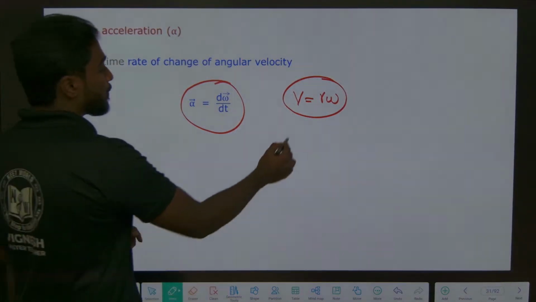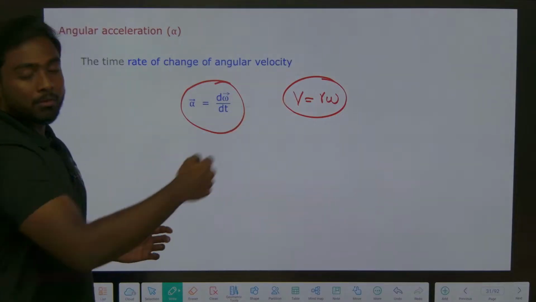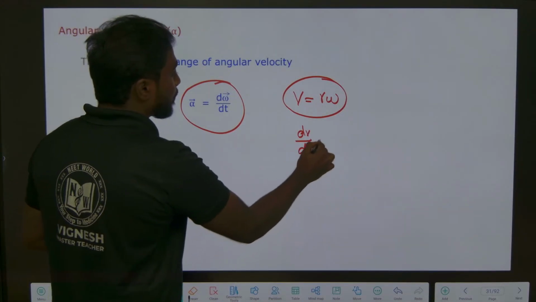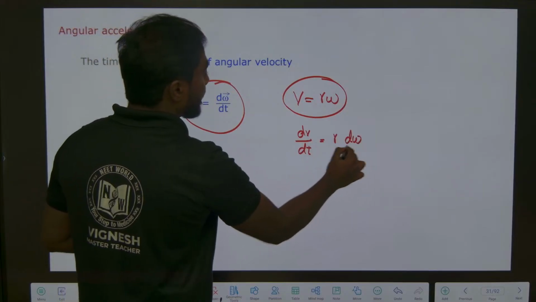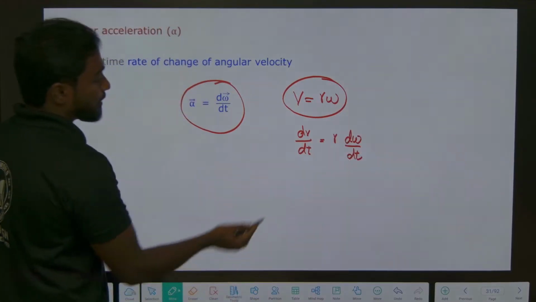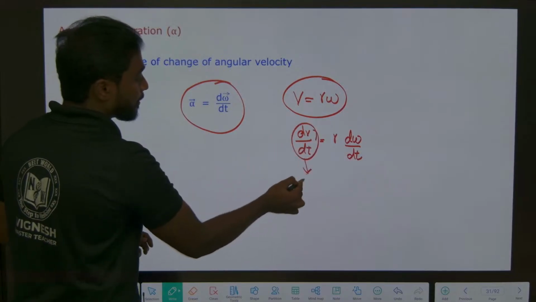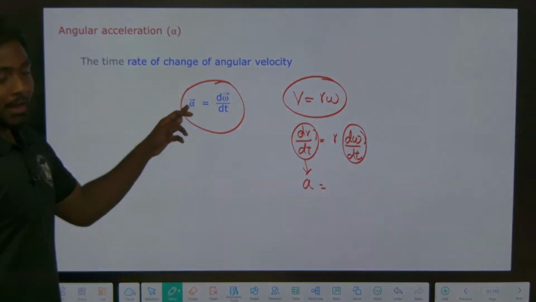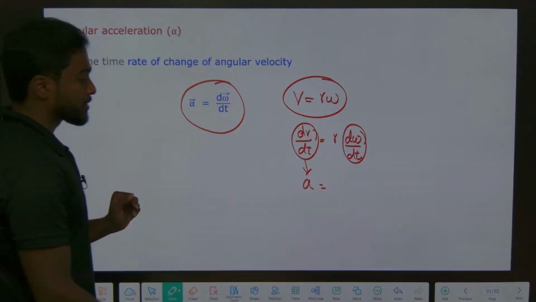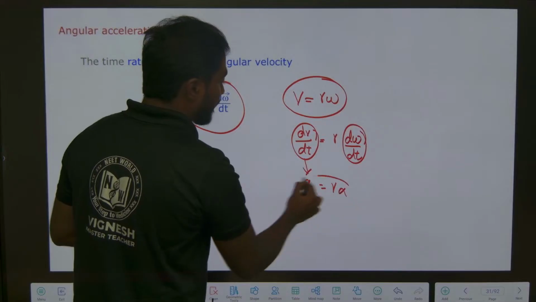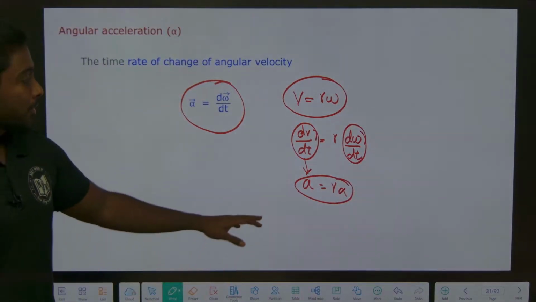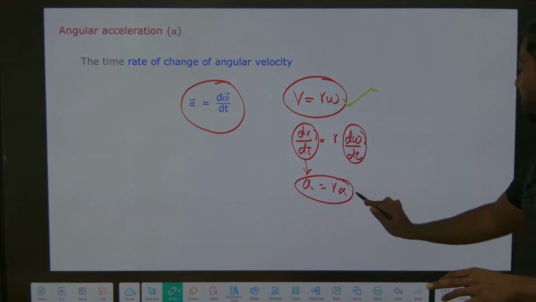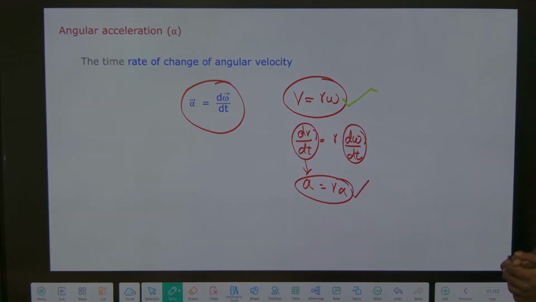If I differentiate with respect to t on both sides, dv by dt is equal to r into d omega by dt, where dv by dt is acceleration and d omega by dt is alpha, the angular acceleration. So a is equal to r alpha. This is the relation for linear velocity and angular velocity, and this is the relation for linear acceleration and angular acceleration.